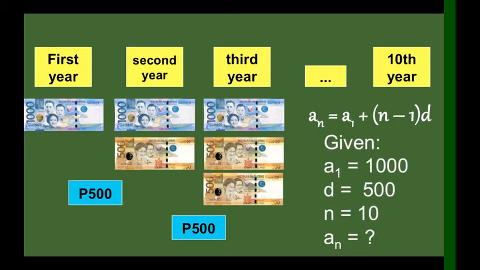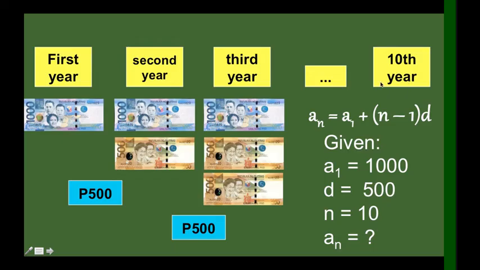For the given, we have a sub 1, which is 1,000. A sub 1 is the first term, so the first term is 1,000. For the d, we have 500, which is the difference of our terms. For the n, we have 10 because we are looking for the 10th year.